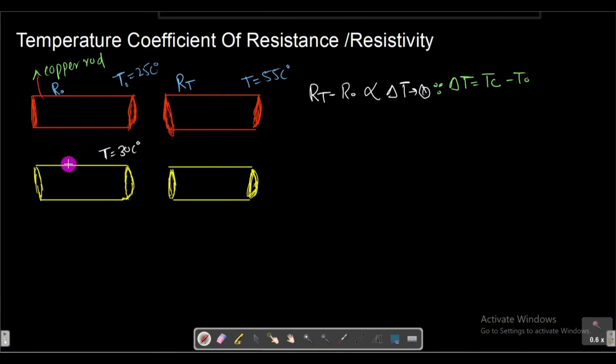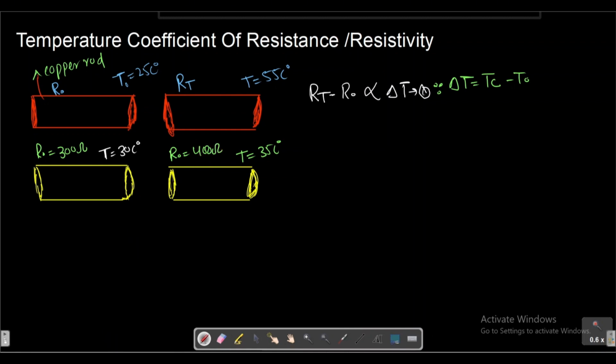At this 30 degrees centigrade, the resistance R0 of this copper rod is considered roughly to be 300 ohm. And similarly, the same rod with the same length and area, I have considered here, and now only the temperature I have increased up to 35 degrees centigrade, and in this case the R0 is about 400 ohm.